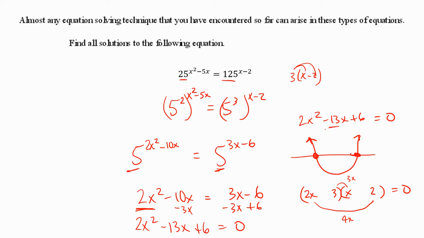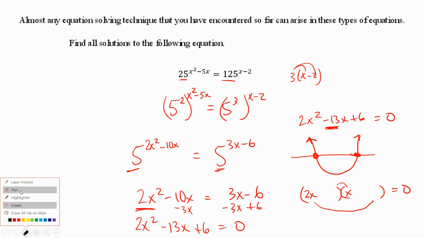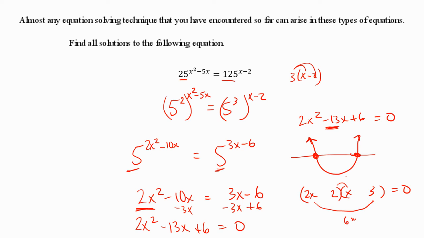That's not going to give us any combination to get 13. So what if we switch the 2 and the 3? Now we have 6x and 2x. That's still not going to cut it.